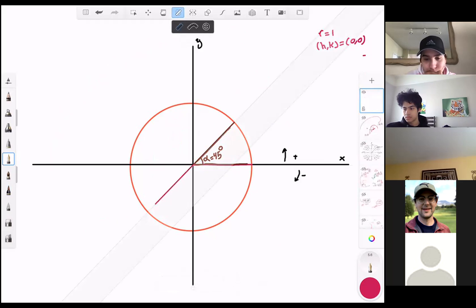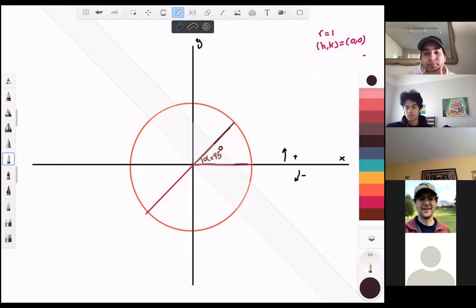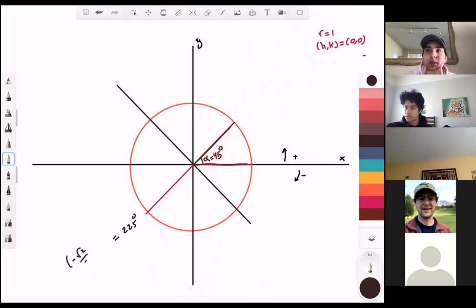So this one you learned. This was 225 degrees. We had negative radical 2 over 2 and negative radical 2 over 2.